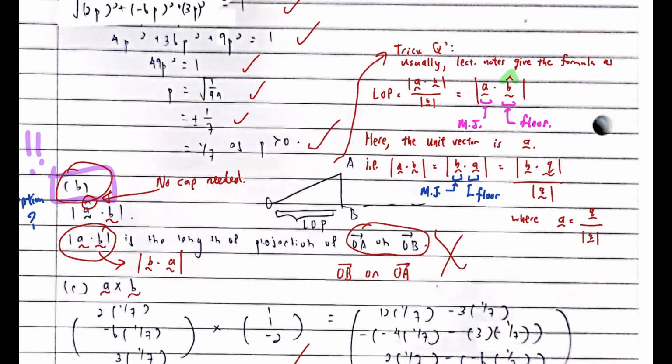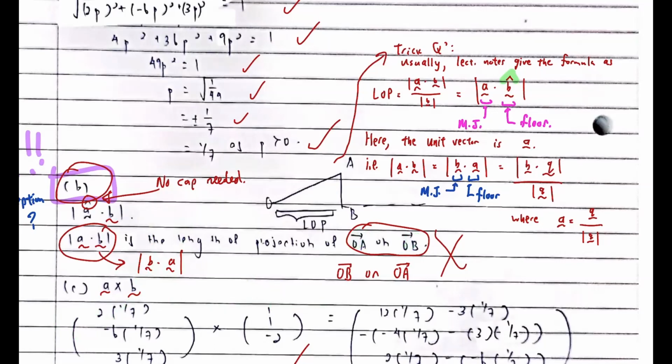And then A is the unit vector. Remember just now I went through with you, Michael Jackson on the left, then the unit vector on the right. That's the floor. This is the Michael Jackson, this is the floor. Since the question told you that A is a unit vector, it should actually just be vector B, Michael Jackson, casting a shadow onto the floor, vector A. If you phrase it more formally, it will be the length of projection of vector B onto vector A. Also, maybe you shouldn't use OA and OB because the question used little a and little b.